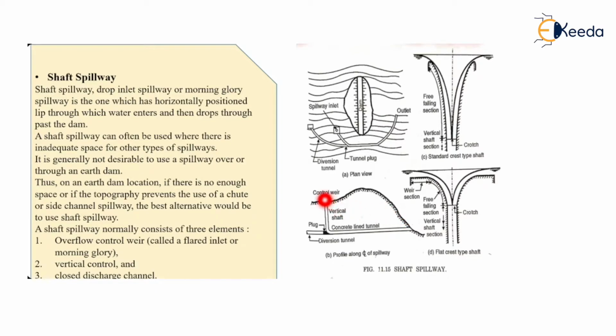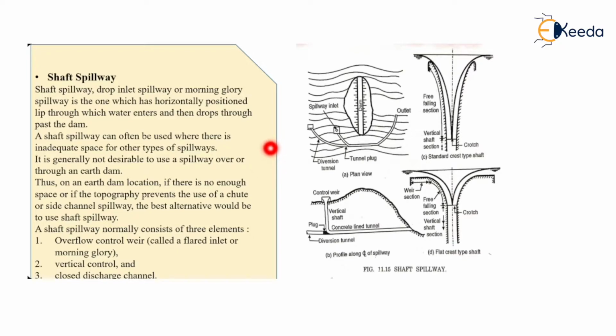You can see this control weir, or this shaft, is a vertical one. It is laid in the vertical position, hence it is called a shaft. Basically, this type of spillway is sometimes partially submerged, or sometimes fully submerged.